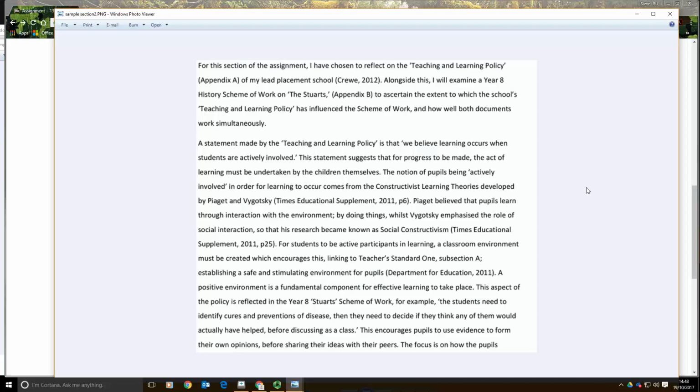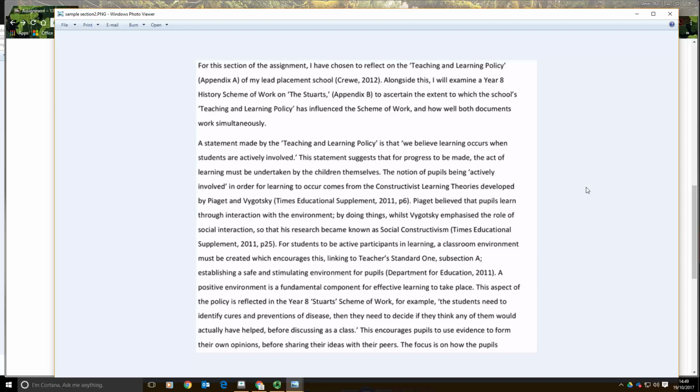But if you notice a little bit further down, students needed to identify cures and preventions of disease, and she's spotting something very particular of how the teaching and learning policy aligns with the planning document. In terms of social interaction, presumably she's bringing up the point that the students are allowed to share their ideas with their peers and have some cooperation in their learning.